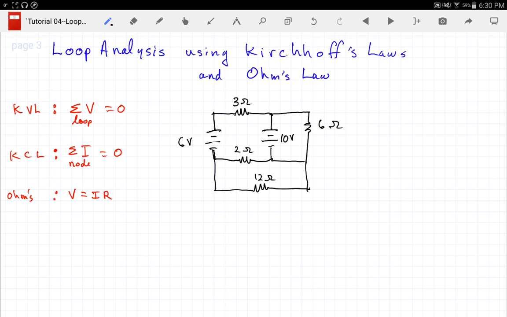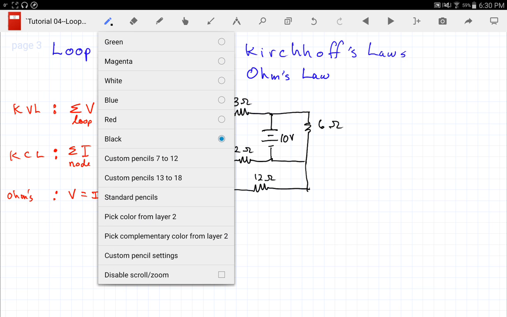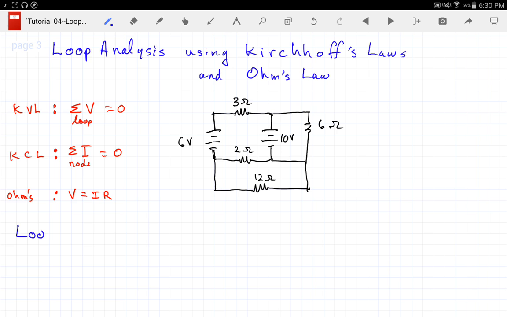Okay, when you start the circuit, the first thing I'm going to do is make all the loop equations I can. So if I'm going to make loop equations, I have to start by identifying my loops. So I'm going to identify every loop and I'll give it a name.